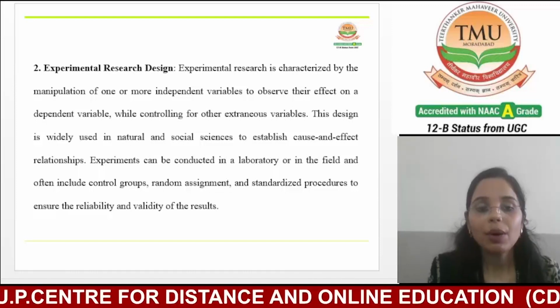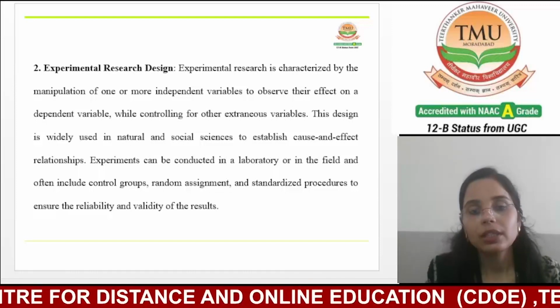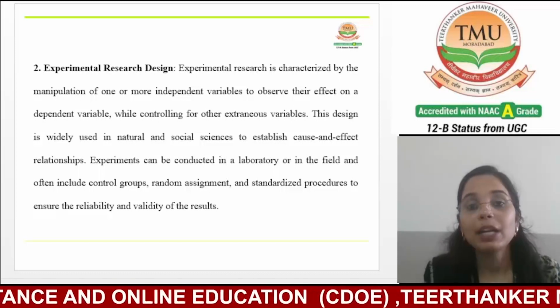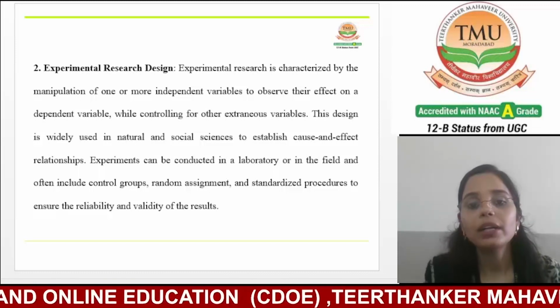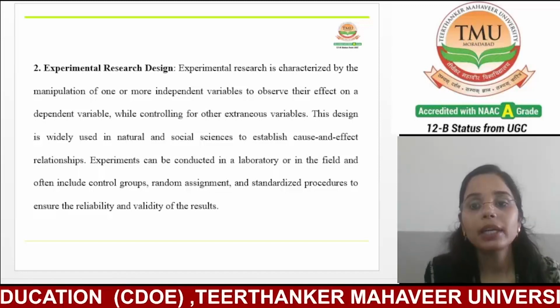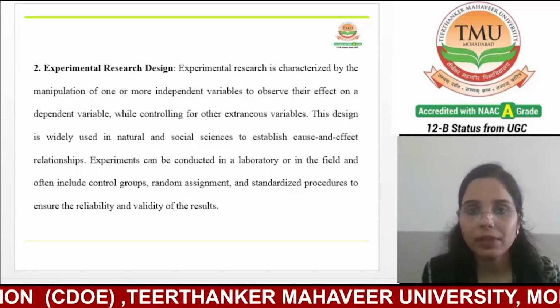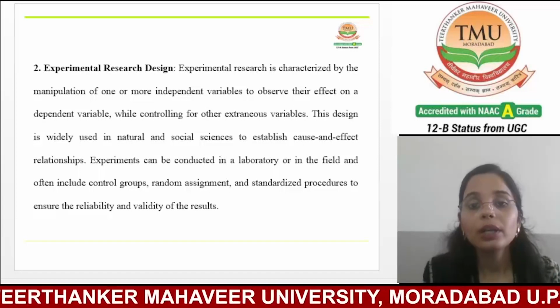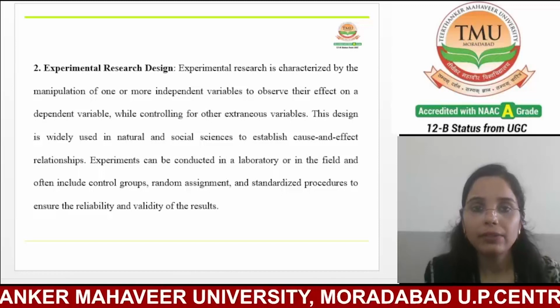If we talk about experimental research, basically it is characterized by the manipulation of one or more independent variables to observe their effect on dependent variables, while on the other hand, controlling for other variables.